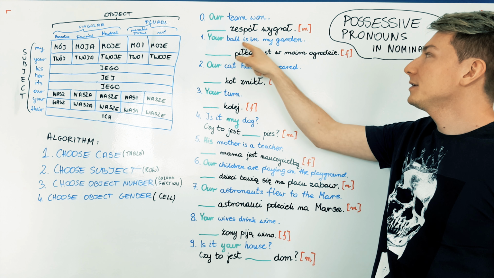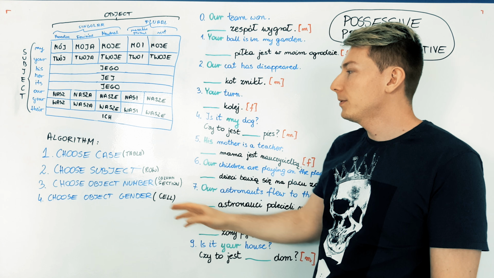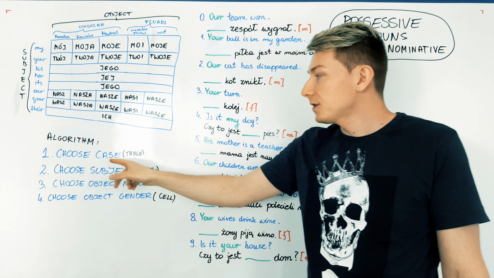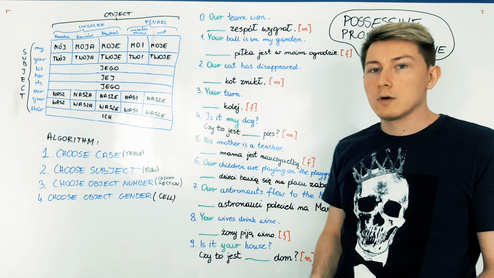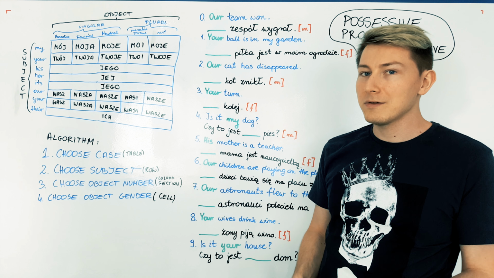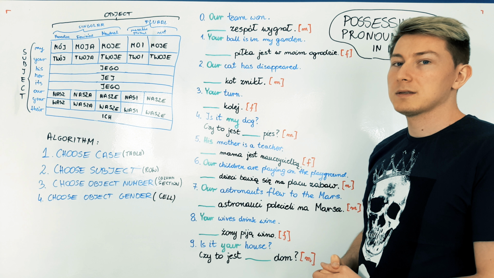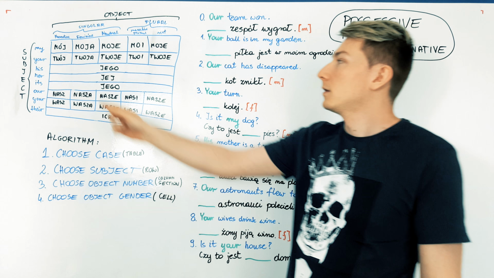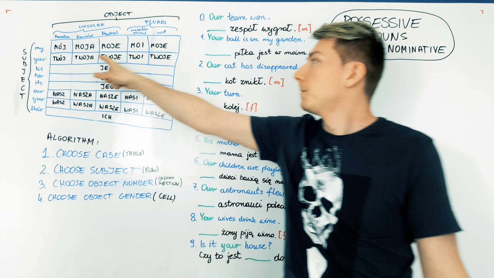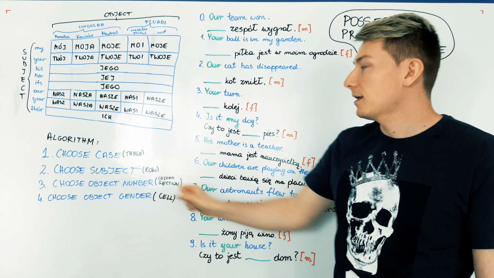Your ball is in my garden. First step, we always skip. Second step, choose subject. Your ball, in English, can be translated to singular or plural subject. So let's say it's singular. This row, your. The third step, choose object number.